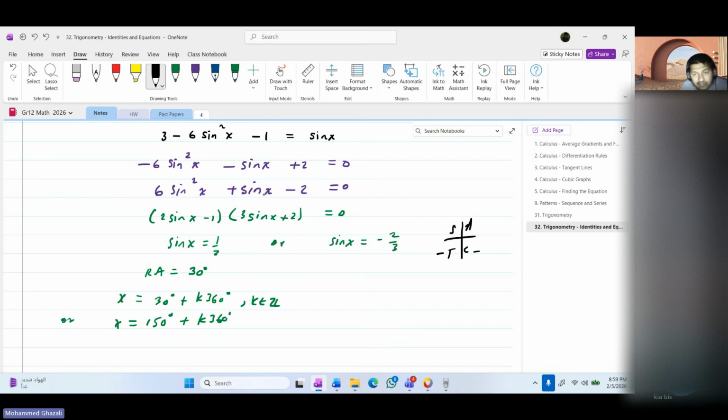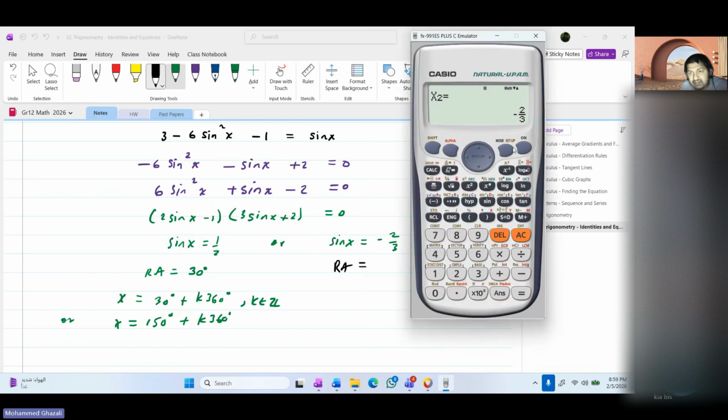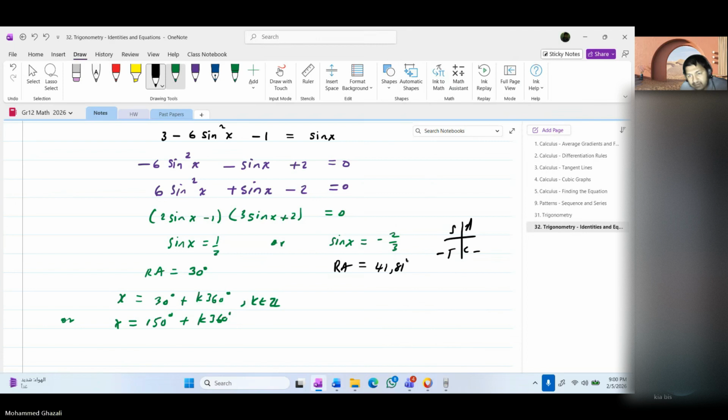Okay. So reference angle, we will get a reference angle here. Sine inverse of 2/3. We're getting 41.81. Right.